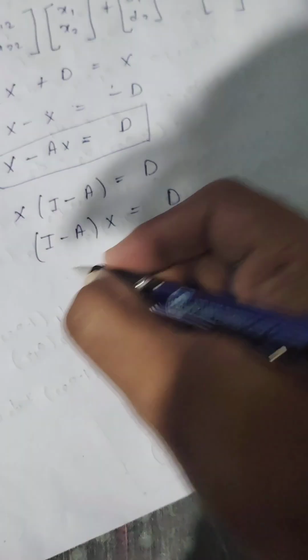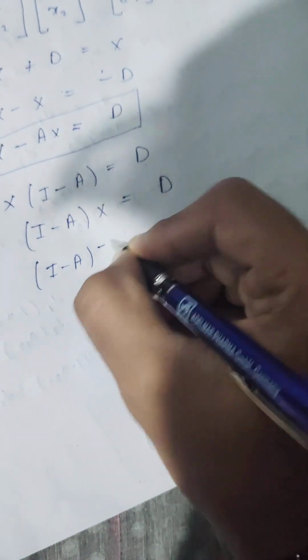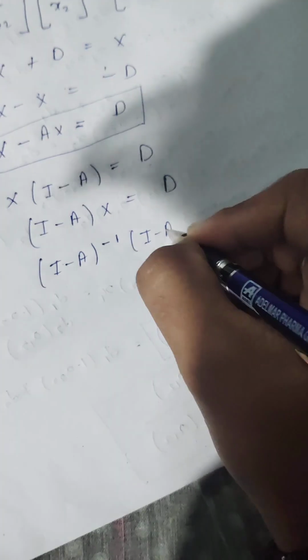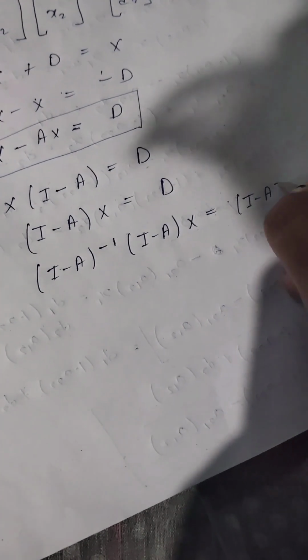Now in order to get rid of I minus A, we can use the inverse. So I minus A inverse into I minus A X will be equal to I minus A inverse D.